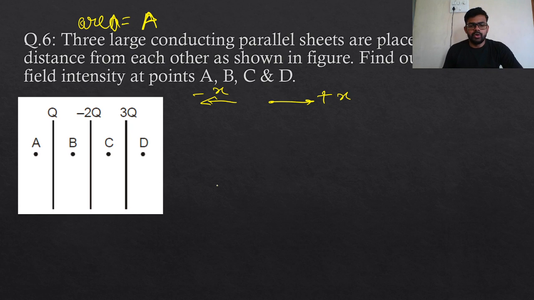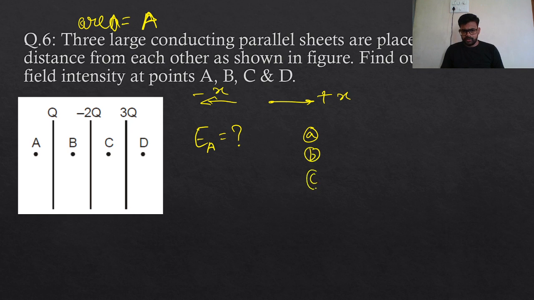At first I need to find the electric field at point A. Because of these three plates it will come. How will you find it? I'm raising four options in front of you, you need to choose the correct answer. Option A: Q upon A epsilon naught.